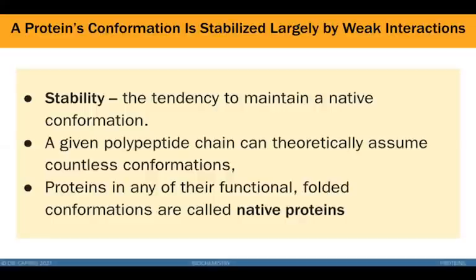A given polypeptide chain can theoretically assume countless conformations, and the reason for this is that a protein can have multiple alterations in terms of its amino acid structure, its side chains, the ionization of its side chains. So it can assume countless conformations because of a lot of factors. Now, proteins in their functional folded conformation are what we call native proteins.